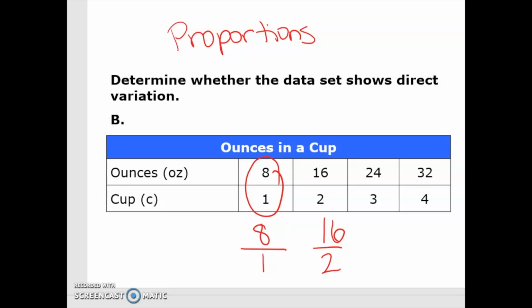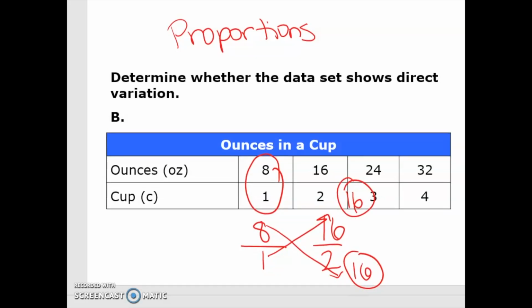If I want to know if this is a direct variation, I can check their cross products using a proportion. So 1 times 16 is 16. 8 times 2 is 16. And look at that. This is a proportional relationship. So yes, it is a direct variation.